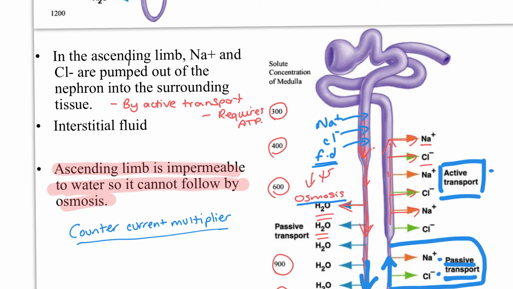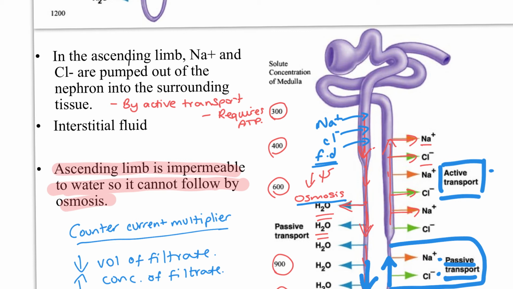So as we travel down the descending limb, we lose water. Therefore, traveling down the descending limb, we decrease the volume of our filtrate and we increase the concentration of our filtrate. And then as we travel up the ascending limb, the volume doesn't really change because we're not really losing any water, but the concentration drops.